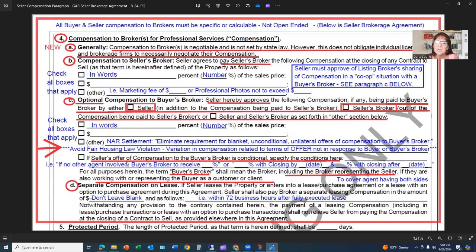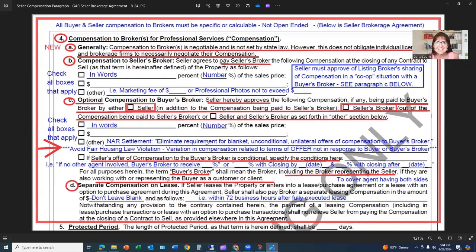So I have a note here. My first note is what the NAR settlement says, again: eliminate the requirement for blanket, unconditional, unilateral offers of compensation to buyer's broker. And this is my note to you: avoid fair housing law violation. Variation in compensation should be related to the terms of the offer, not in response to the buyer or the buyer's broker.